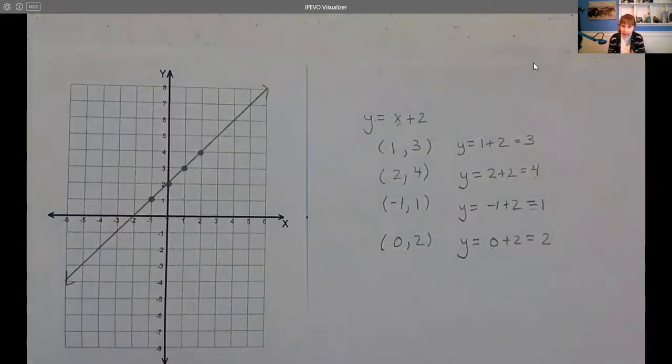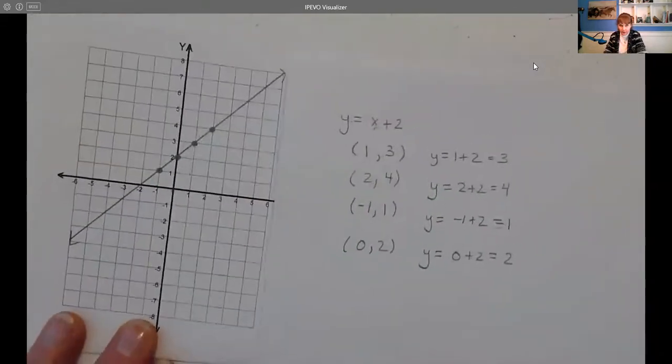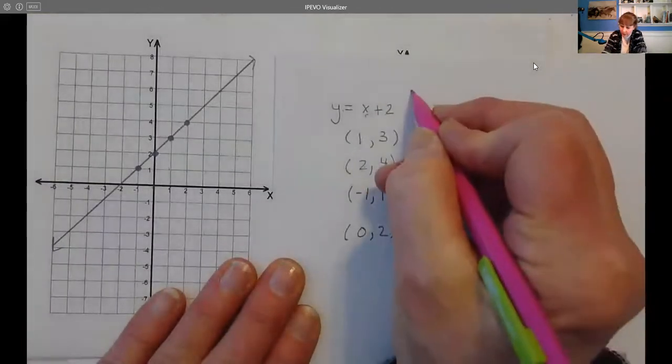So we call this a linear equation because, I'm going to write that word linear once I get these all straightened out. So we have what's called a linear equation.